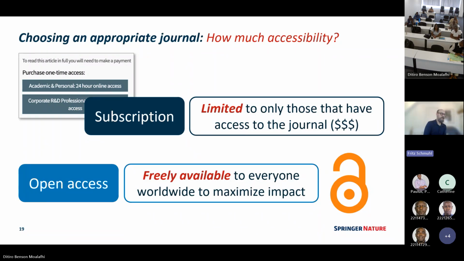The next point you are going to look at is the accessibility of the journal.